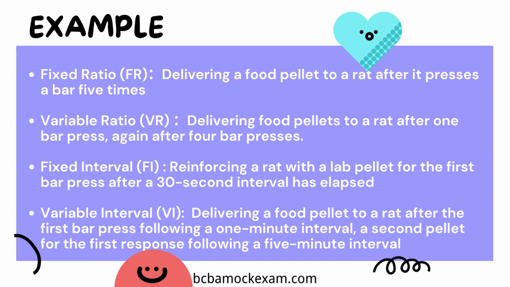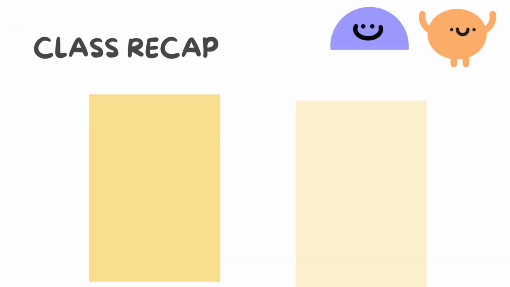The exact timing of reinforcement varies unpredictably, but on average, it occurs around the designated interval. This unpredictability creates a steady but unpredictable reinforcement schedule, maintaining the rat's behavior of pressing the bar.